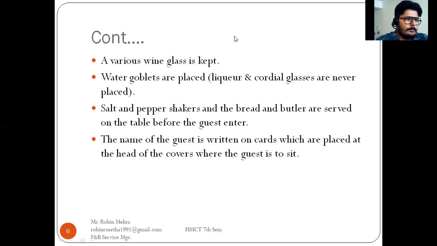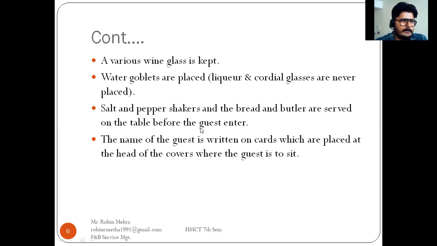So budwas and the cruet set, salt and pepper shakers, we provide to the guest, and breads and butter are served on the table before the guest enters. We put that on the table before the guest enters the hotel.